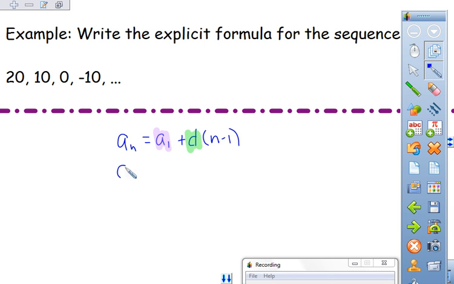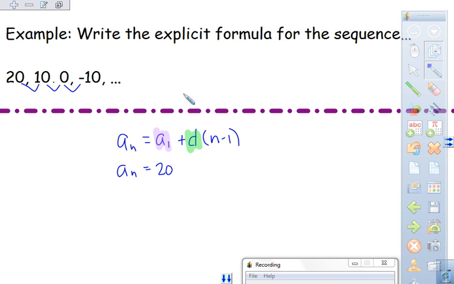So I copy the rest of it. So a sub n equals. The purple, our first term is 20. Our common difference, well, subtract 10, subtract 10, subtract 10. That's going to be a negative 10. And then we just copy the blue part. So this would be our explicit formula for the sequence.